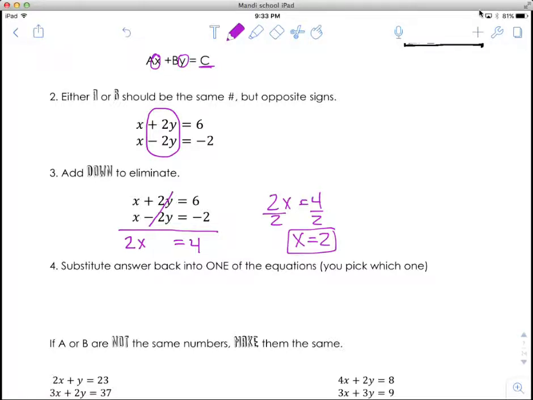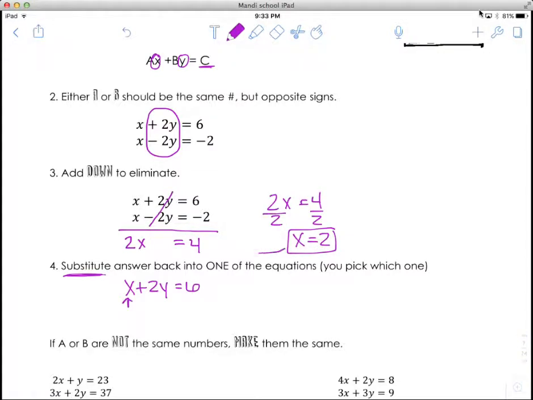Now you want to take this and you want to substitute what you just solved for back into one of the equations. And you get to pick the equation. So I'm going to pick this first equation right here. I'm going to say x plus 2y equals 6. And we are going to substitute this x equals 2 into this x right here.